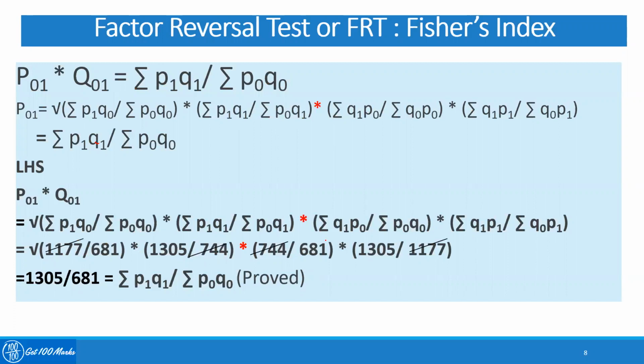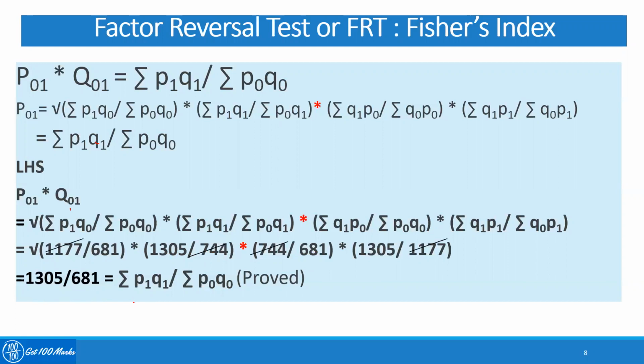With Q, I have substituted P with Q, other things as they are, and you can see the value is coming as 1305 by 681, which is summation P1 Q1 divided by summation P0 Q0, because everything cancelled. Only 1305 and 1305 under the square root become a square, so it comes out as 1305. Similarly, 681 square, again square root gives 681.